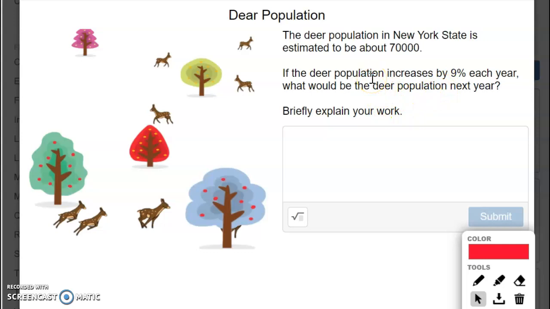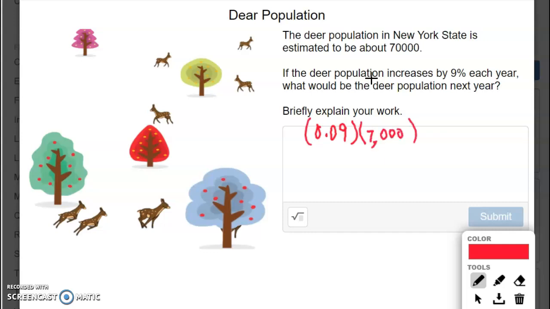What we can do is multiply 70,000 by 9%. So that's going to be 0.09, that's the conversion of 9% to a decimal, multiplied by 70,000.